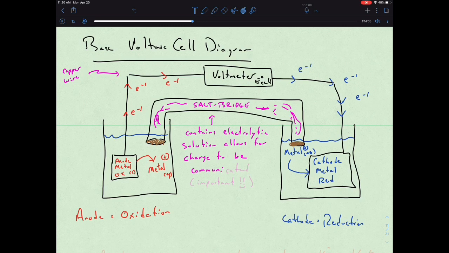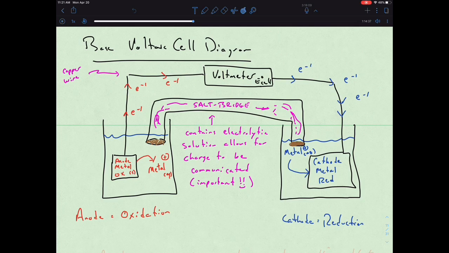Kind of like in the old days, we would have two cups tied by a string, and we could hear the vibrations from one side to the other. Same thing here with this idea of charge. The salt bridge is super important for that transfer of electrons, because it actually conveys the difference in charge that we find from one side to the other.